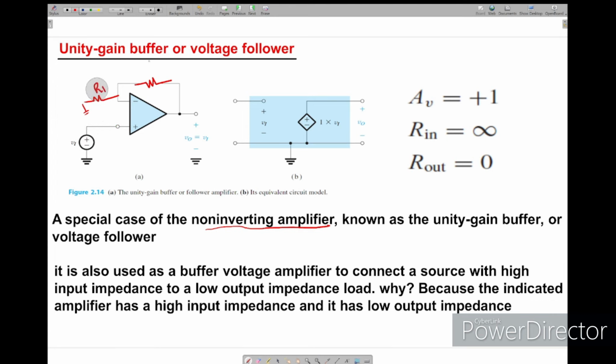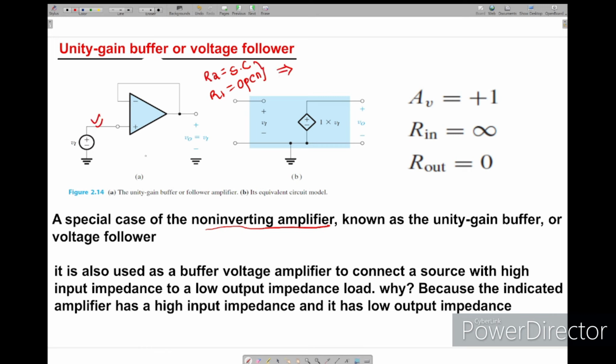This is our non-inverting configuration, because Vi is connected to the non-inverting terminal, and V0 through feedback is taken at this point. But if you short R2 and open R1, we get this form of circuit.